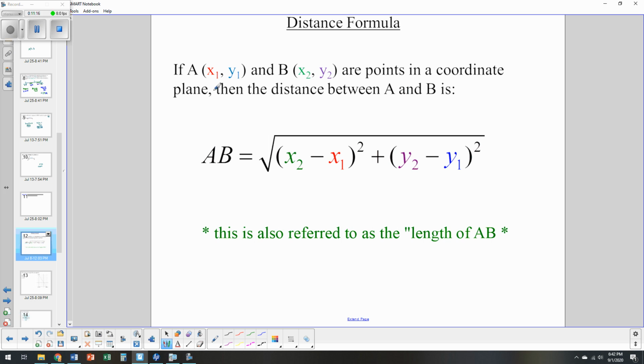If I am again given two ordered pairs, x sub 1, y sub 1, and x sub 2, y sub 2, then the distance between A and B, or the length of AB, is x sub 2 minus x sub 1 quantity squared, plus y sub 2 minus y sub 1 squared, and that entire thing under the square root. The square root should be the very last thing we're doing. We're subtracting first, squaring, and then adding them together.